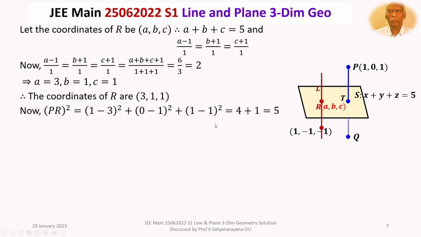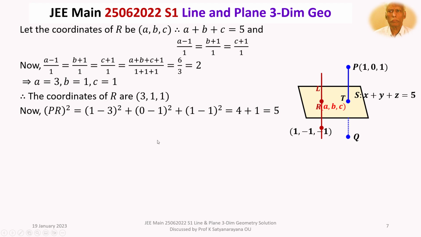So this will be 4 plus 1, that is equal to 5. But we have to compute the square of the distance of QR. We have found PR square. We will show now PR is equal to QR.